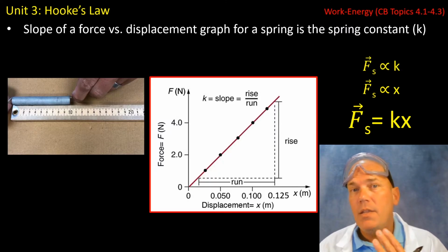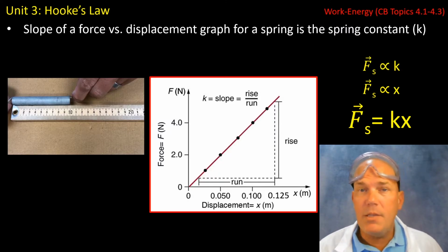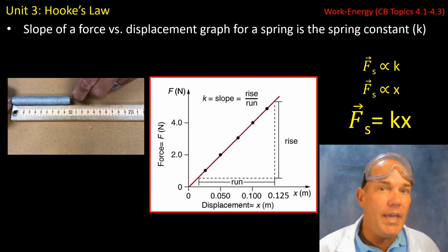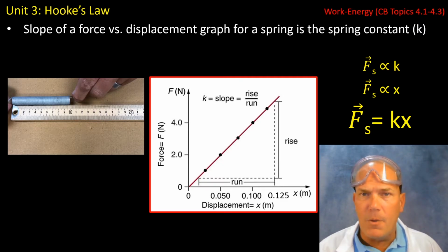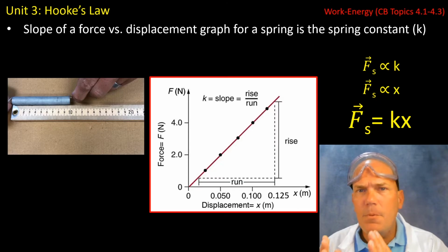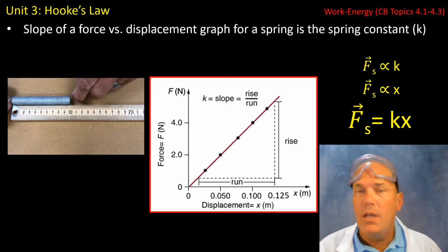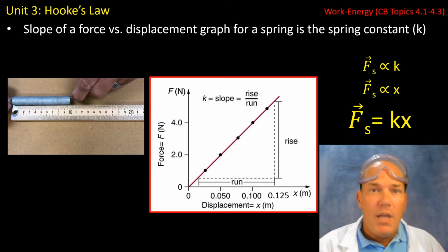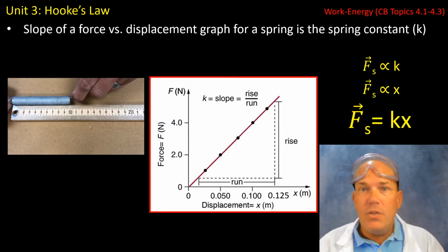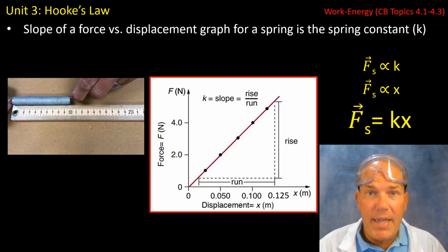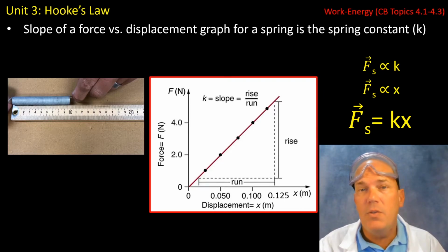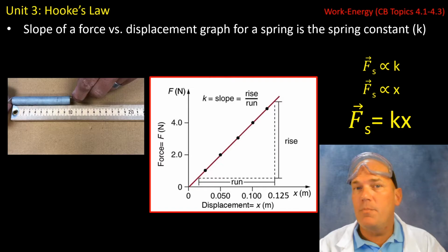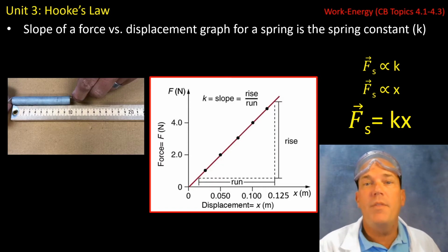Likewise, the force of a spring is directly proportional to the spring constant k. Please remember, though, that k is a property of the material. So if you wanted to change the restoring force of a given material by manipulating k, you would actually need to change out the spring for something totally different, okay? So again, k is a property of the material.